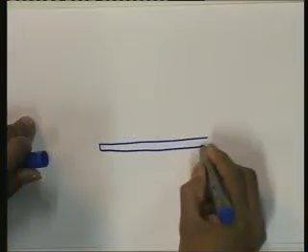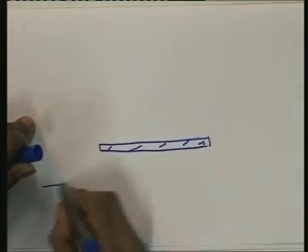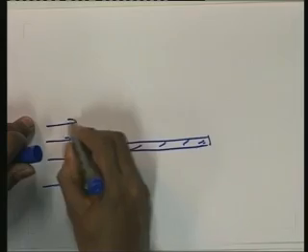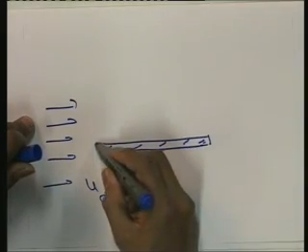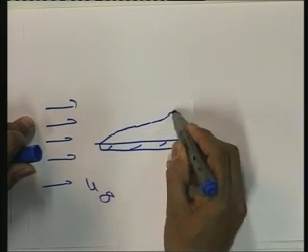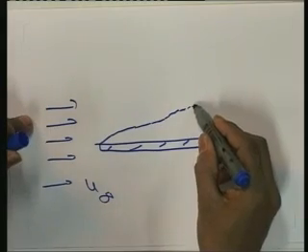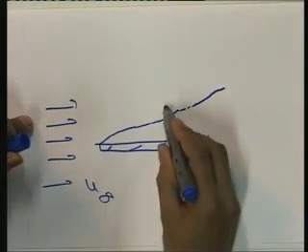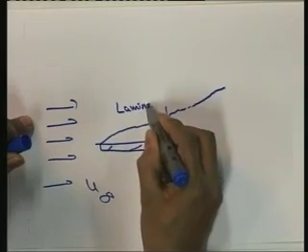Here is the flat plate which we introduced, and this is the free stream velocity u infinity. When it hits, a boundary layer is generated, and after some time it becomes a transition stage, and finally it becomes turbulent. This region is where it is laminar.